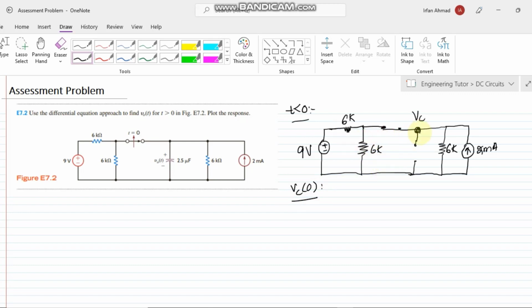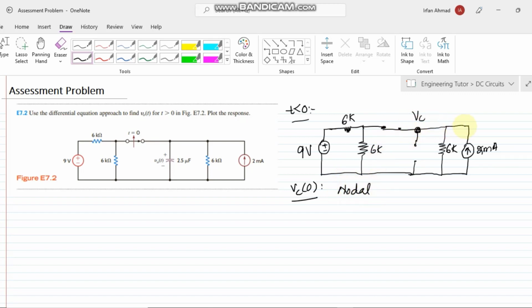In order to find the value of VC, we can easily use any method we like. We have analyzed our circuit by using many methods, but here for convenience I am going to use the method which is called nodal analysis.